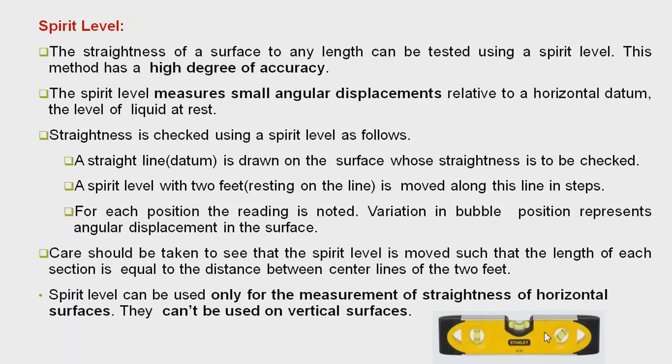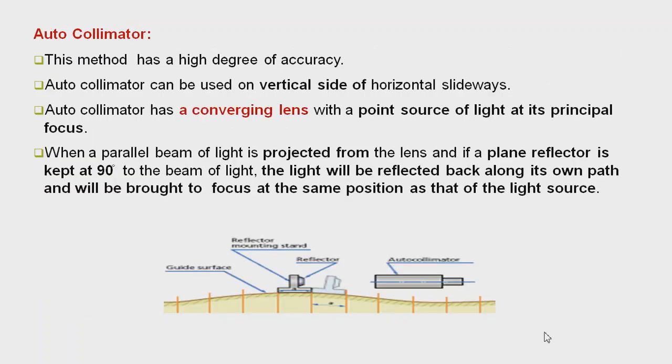Now next is autocollimator. Now this method has a very high degree of accuracy, and it can also be used on vertical sides as in case of horizontal slides. It has a converging lens with a point source of light at its principal focus so that it can emit parallel light.